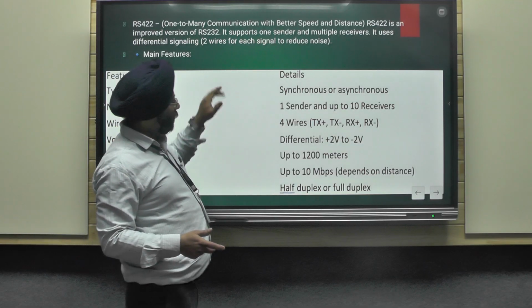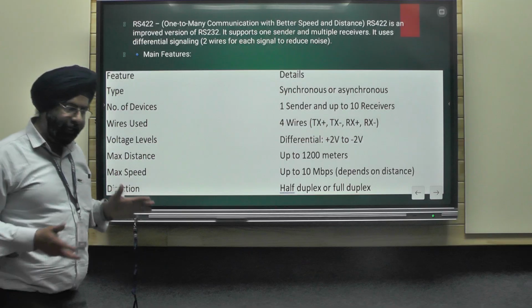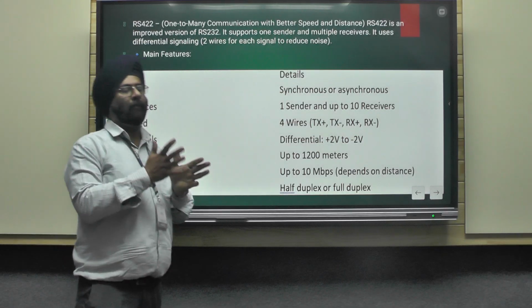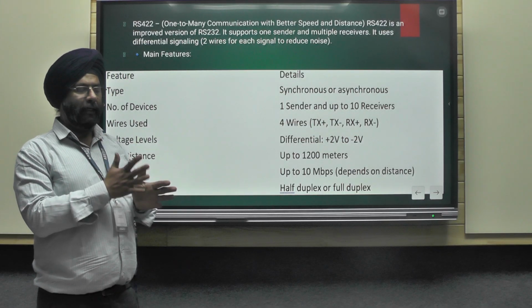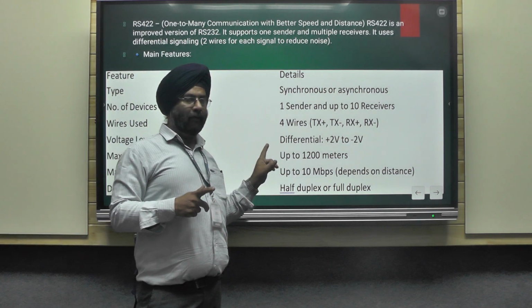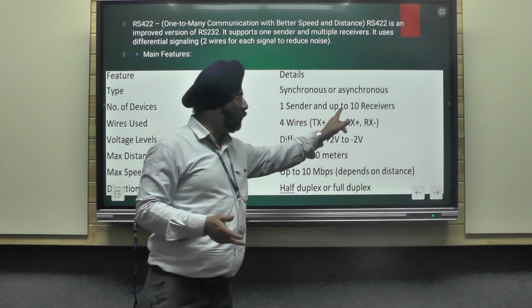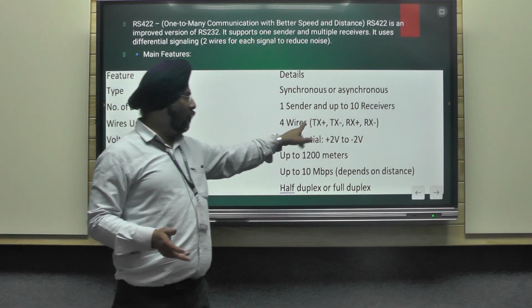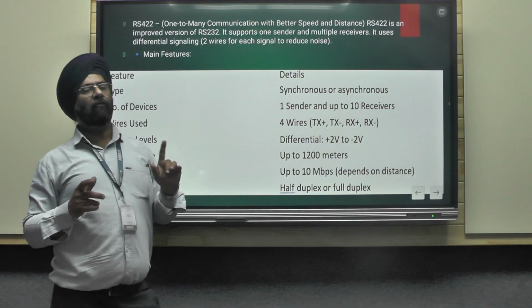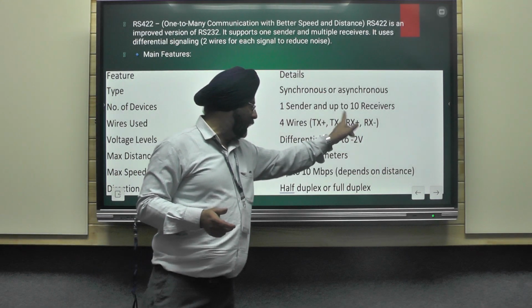But in this there is one transmitter and 10 receivers. At one time, one transmitter can send its data to 10 receivers. In the earlier one, there is the limitation of 1 to 1, but now it is 1 to 10 receivers. It has 4 wires. Earlier there were 3 wires, transmitter, receiver and ground. Now it has 4 wires.